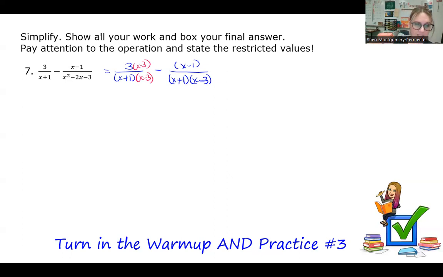Now are the denominators the same? So let's go ahead and jot down my undefined values. X cannot be what and what? -1, +3, y'all are correct. And when my denominators are the same, then I can combine and the denominator will stay the same. I don't do anything to it.